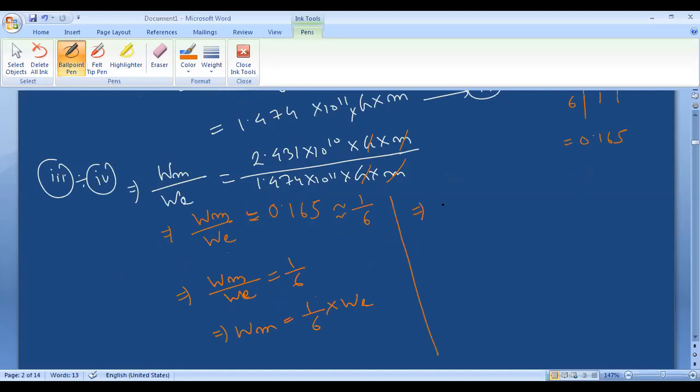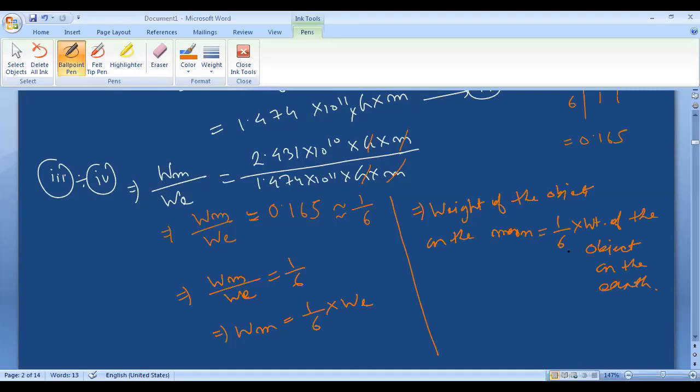Wm is the weight of the object on the moon. That is equal to 1 by 6 of the weight of the object on the earth. Clear? So this is the proof. The weight of the object on the moon is 1 by 6 of the weight of the object on the earth.